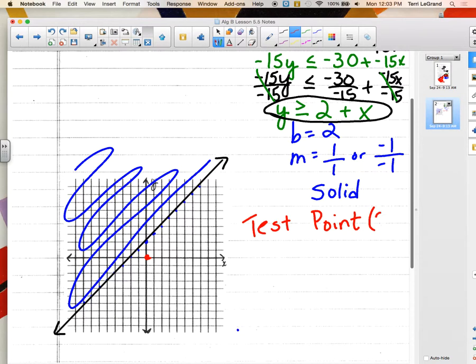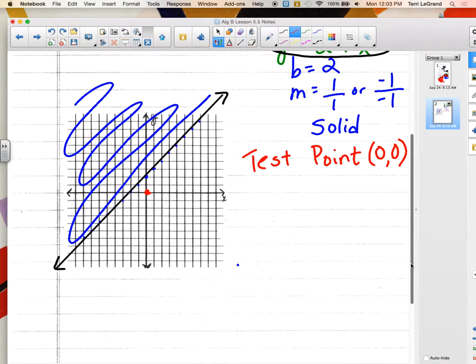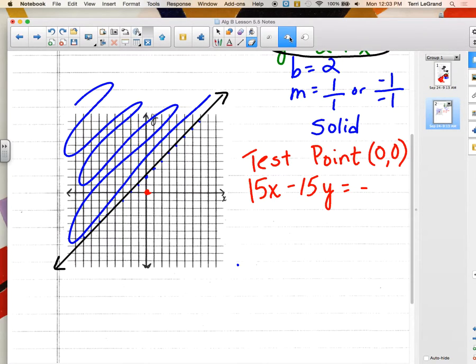So our test point is 0, 0 again. Trying to save ourselves some work. We have 15x take away 15y, not equals, instead is less than or equal to negative 30. Okay.